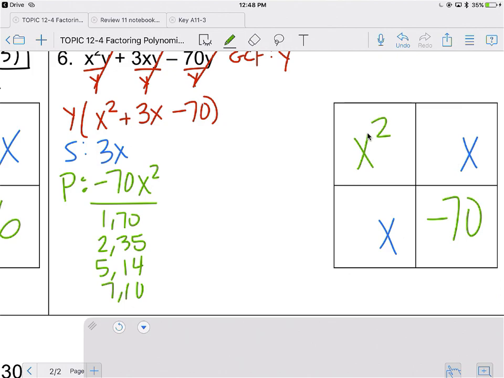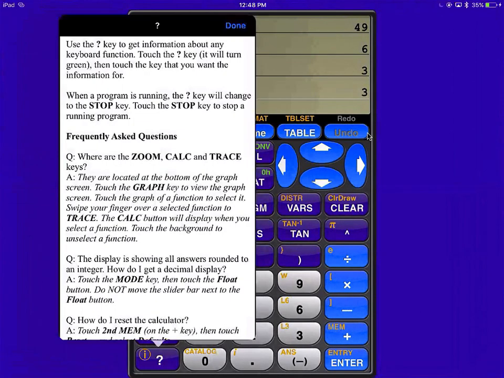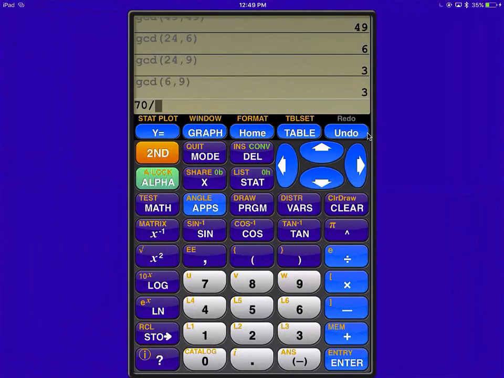If you're not sure, you can sit here and go 70 divided by 1, 70 divided by 2, 70 divided by 3. Anytime you get a decimal, you don't write it. 70 divided by 4, 70 divided by 5. Oh, that's a whole number, write that one.